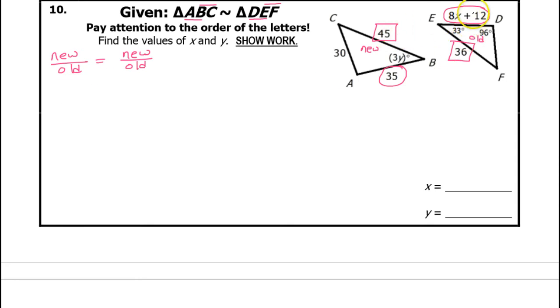So new over old, okay, looking at the circles, that would be 35 over 8x plus 12. So 35 over 8x plus 12. Now new over old with the squares, that would be 45 over 36.